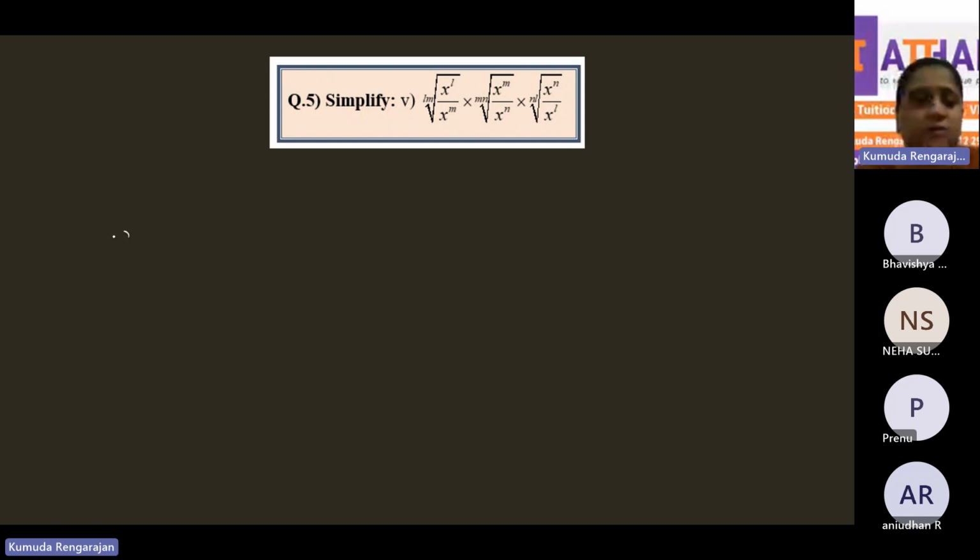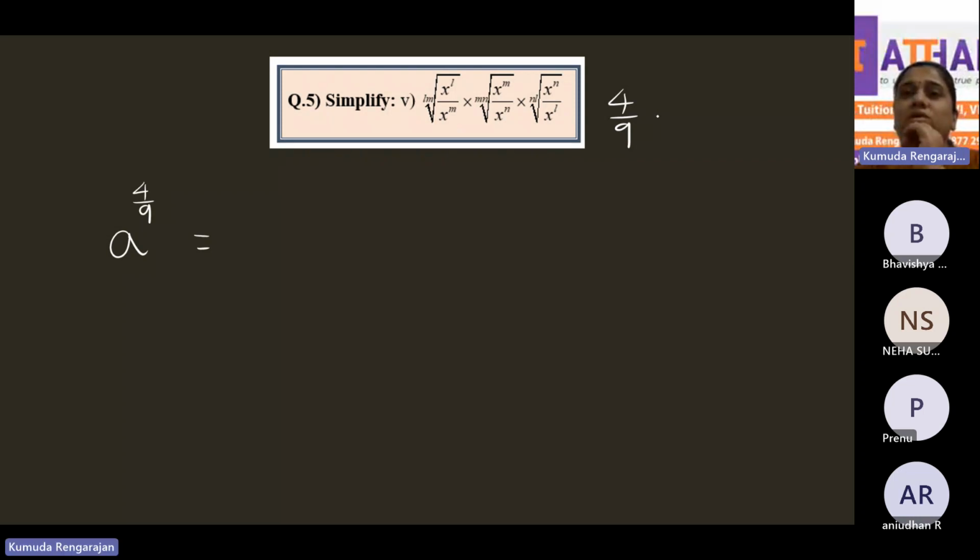Niveda, put this one in the radical form. What is the other way of writing a to the power 4 by 9? Express 4 by 9 in a different way. Laksha? No, I don't want that answer.